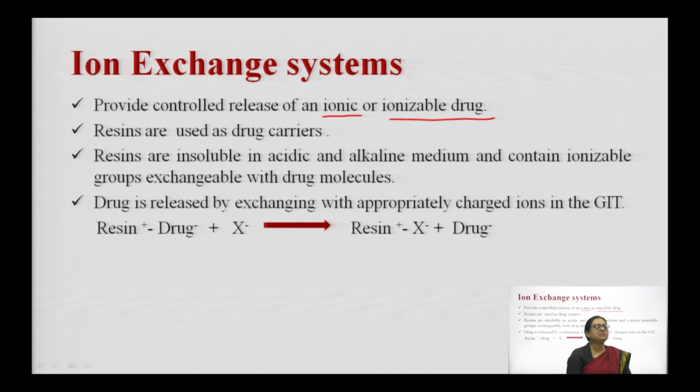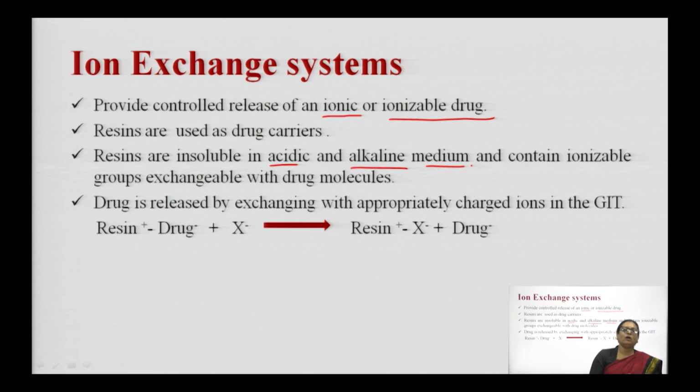Because resins are resistant to acidic and alkaline medium. They are stable and insoluble in acidic and alkaline medium, and when we are formulating a controlled drug delivery system for gastrointestinal administration, the substrate used should be resistant to acidic and alkaline medium.